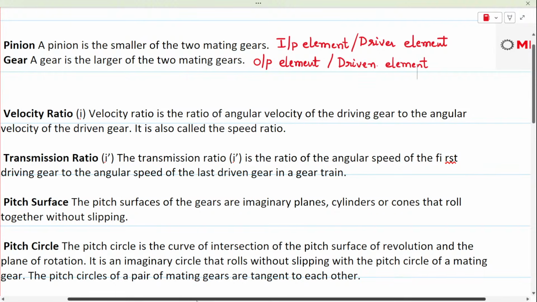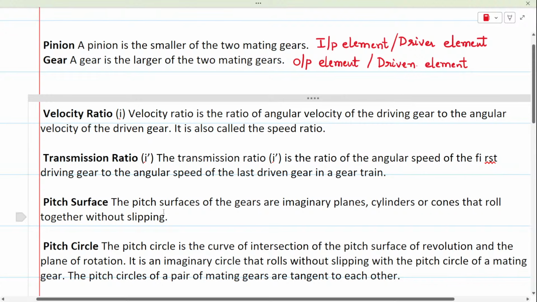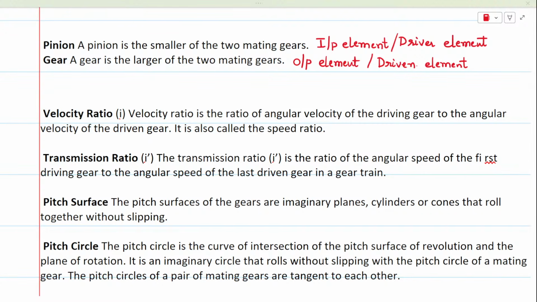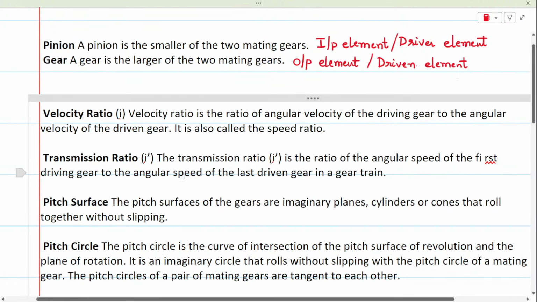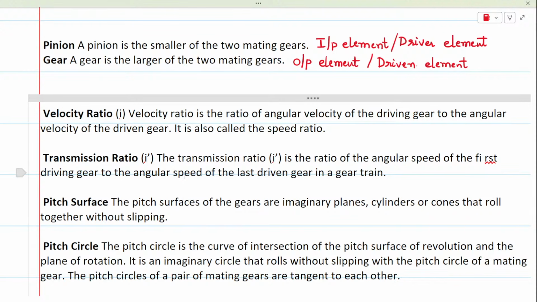Or you may contradict my statement, that is, in the bicycle, especially at the pedal side, you will find the bigger sprocket, and at the tire side, that is the back tire or rear tire, you will find the sprocket which is of smaller size.